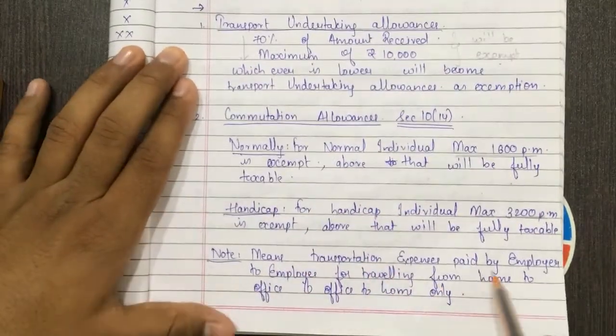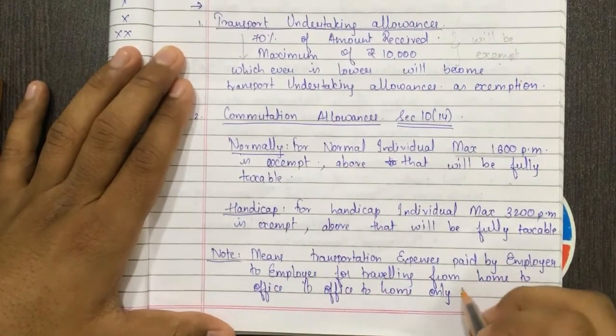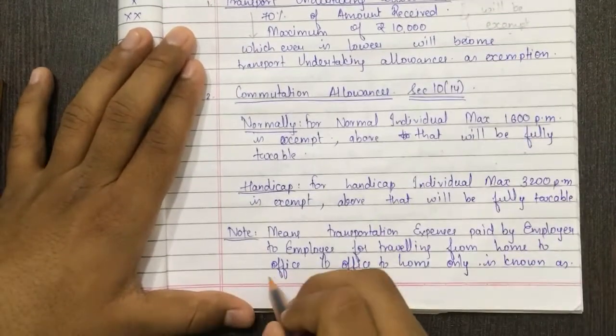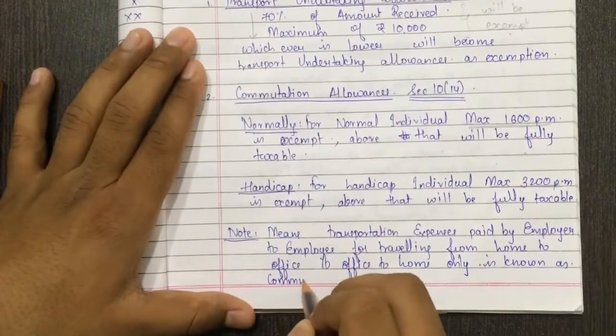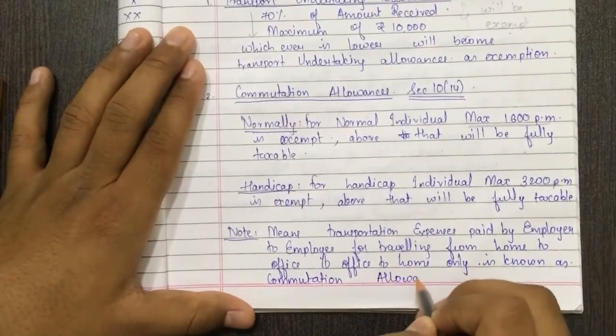Transportation expenses paid by the employer to the employee for traveling from home to office and office to home only is known as commutation allowances. Please keep this in your mind.